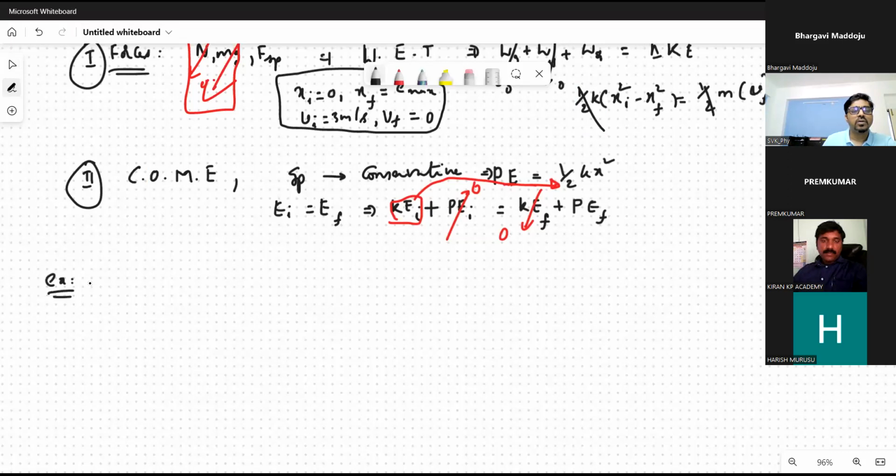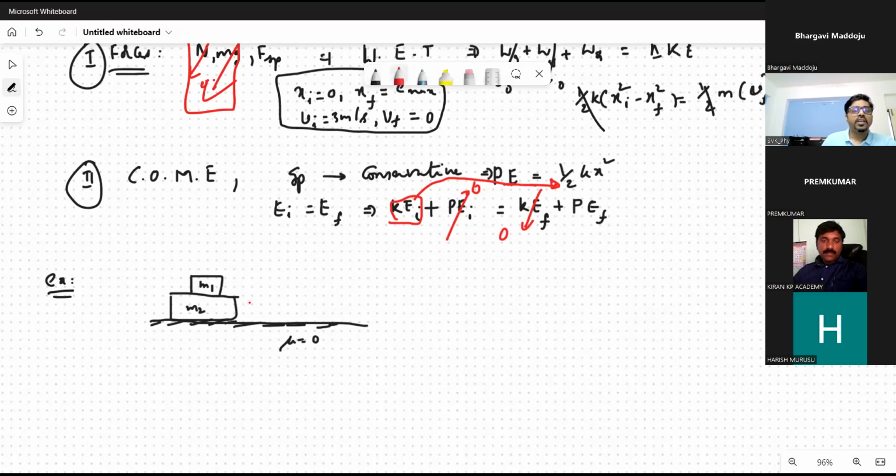Example 2. Two blocks are there, mass M1 and M2, and it is kept on a smooth horizontal surface. This is a smooth surface. Coefficient of friction is 0.